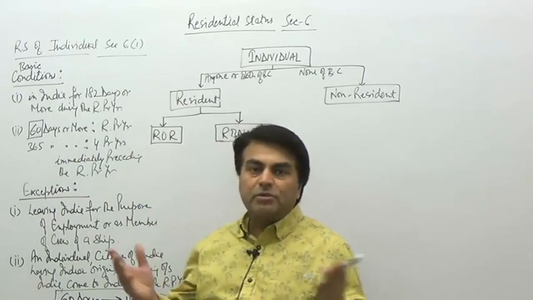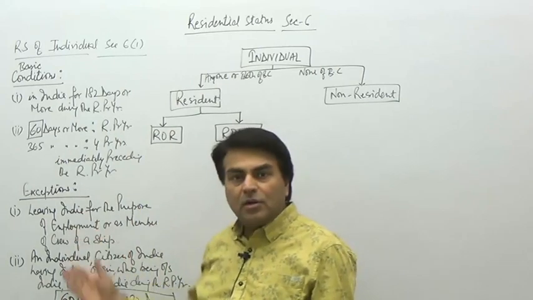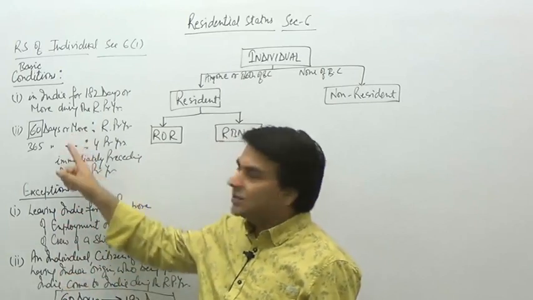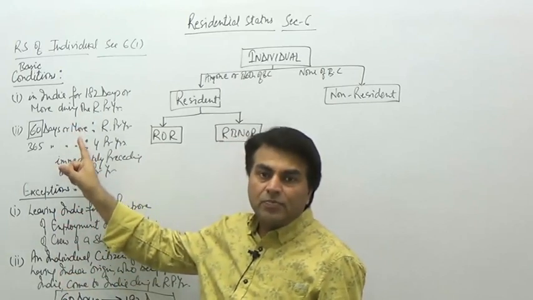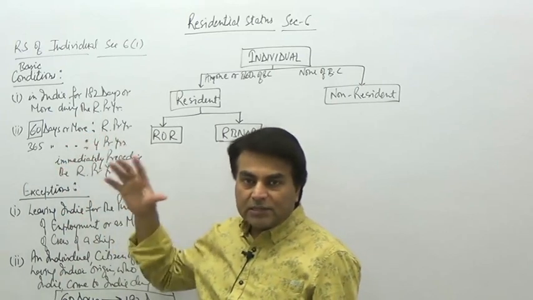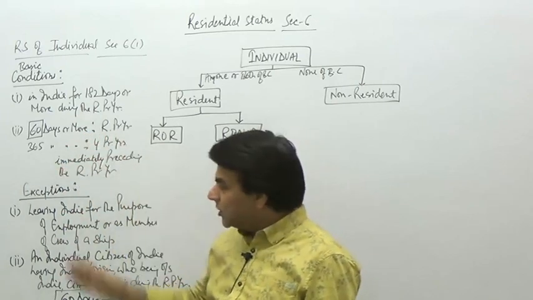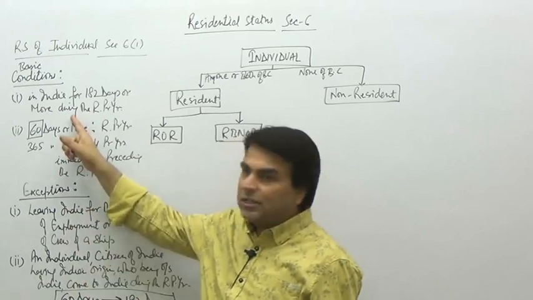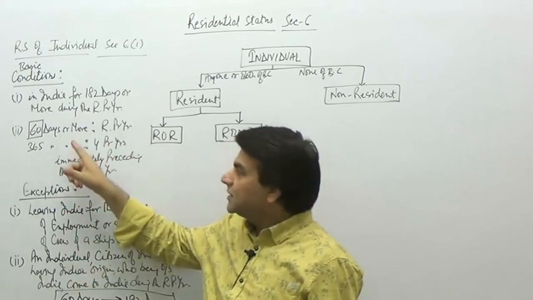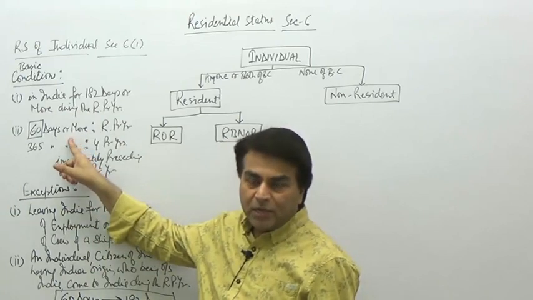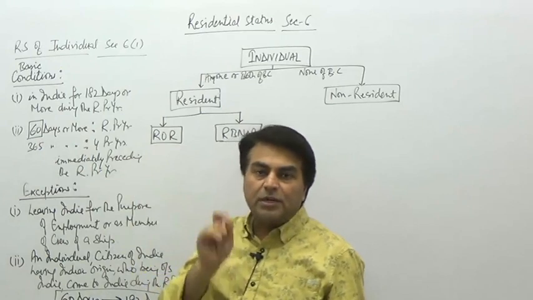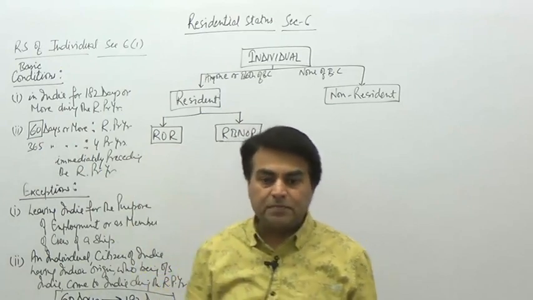Though for all other individuals who do not fall under the exceptions, for them these two basic conditions are there. But in case an individual is such who falls under these two categories of exception, in that case the first condition remains the same, but in the second condition there is a change, and the change is the period of 60 days here would get replaced by 182 days.